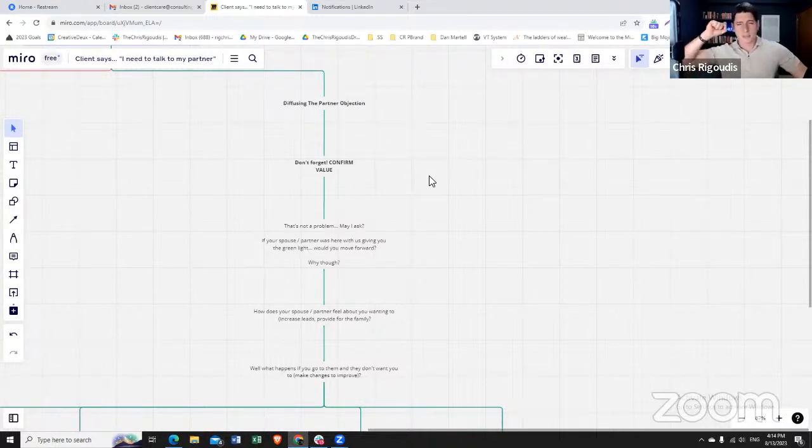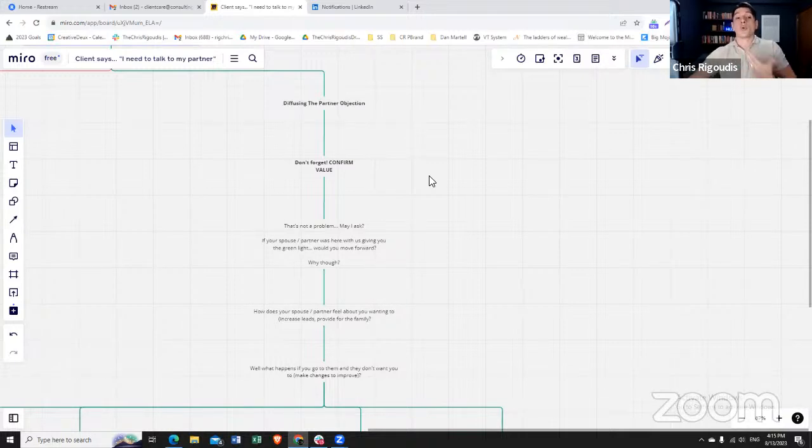What many people, I would say most people, forget to do is confirm value for the person on the call. They rush to ask, okay, how does your partner feel about you wanting to lose weight? Big no-no. Why do I care to find out how the partner feels if I'm not sure if the person I'm talking to is sold yet?